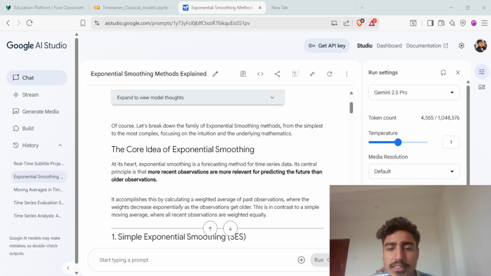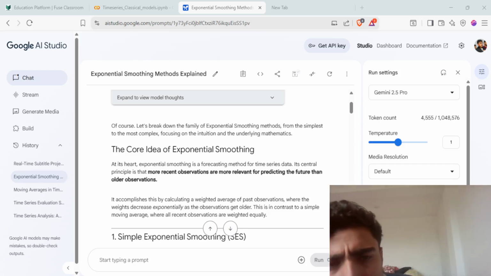Let's see the types of exponential smoothing. We will be covering simple exponential smoothing, Holt's linear trend smoothing, and Holt-Winters seasonal smoothing.